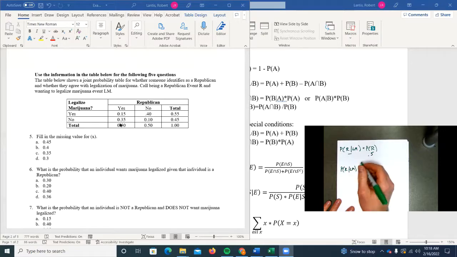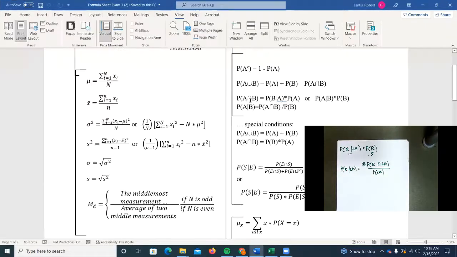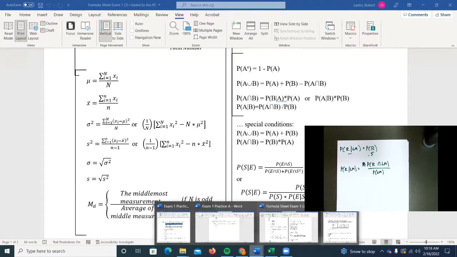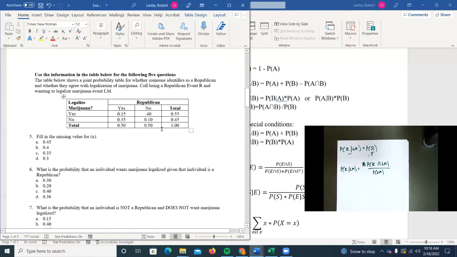So how can I find a conditional probability? Well, we actually did this earlier. That was going to be the intersection of these two events divided by the probability of whatever I'm conditioning on. Right? So that came from here, and we used that earlier. Any questions there before we keep moving?